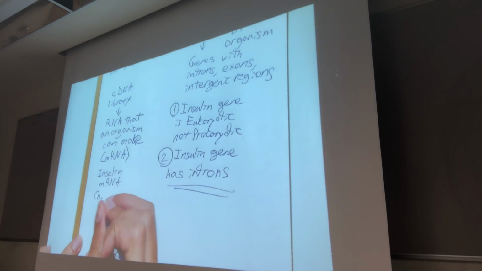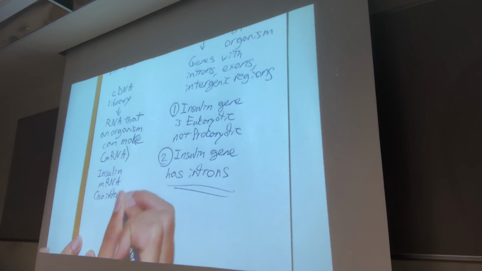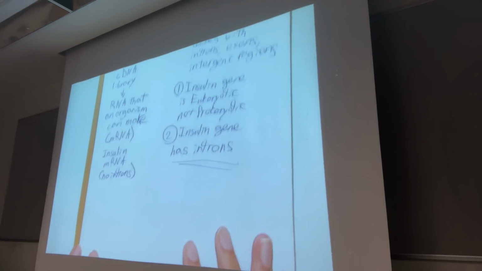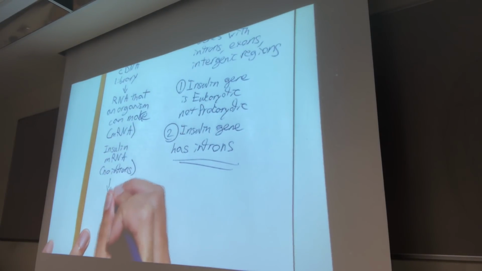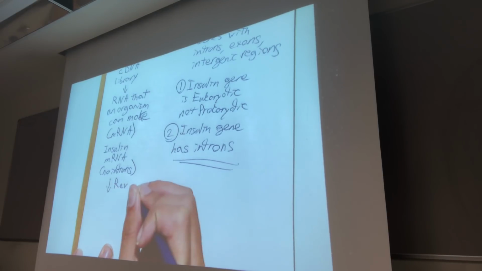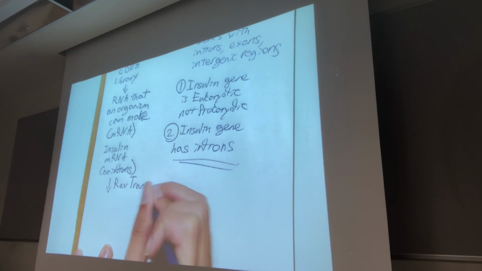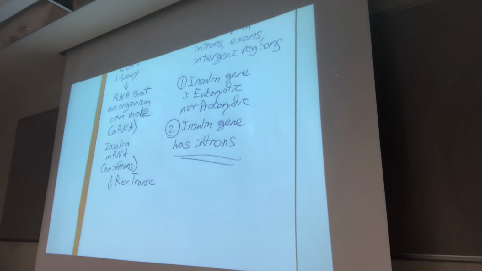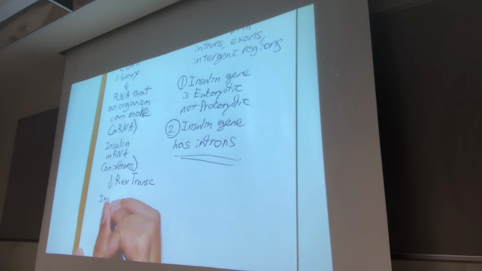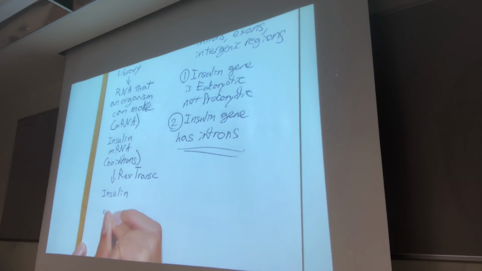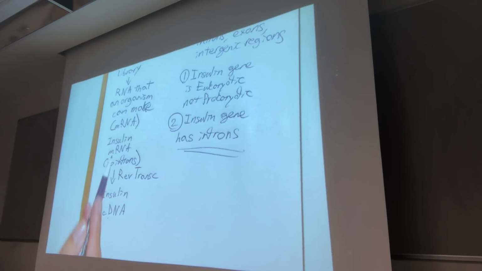So there are no introns in this thing. It's only the exons. They take insulin mRNA and reverse transcribe it into what is called insulin cDNA, which is DNA that is complementary specifically to the mRNA.